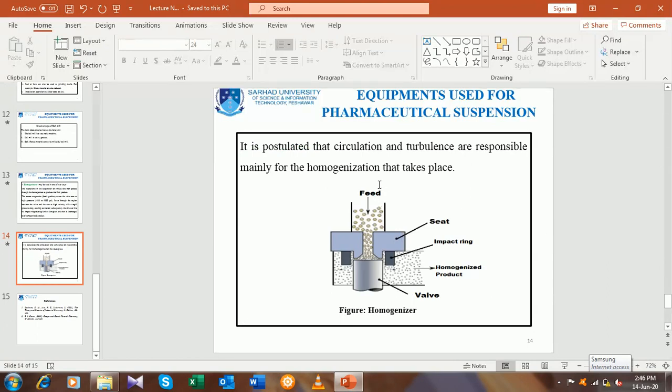And in the diagram, the feed is introduced, and by high pressure it is forced at high velocity between the seat and the wall, and homogenized products are received by using a pressure mechanism.